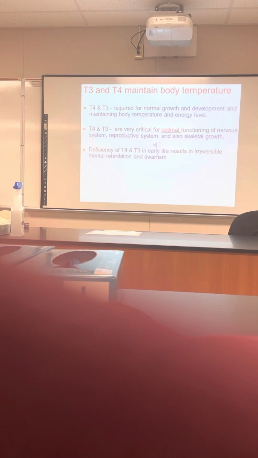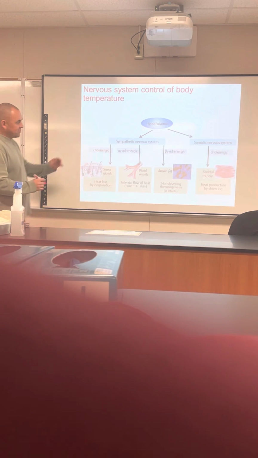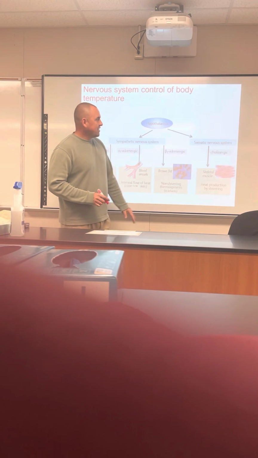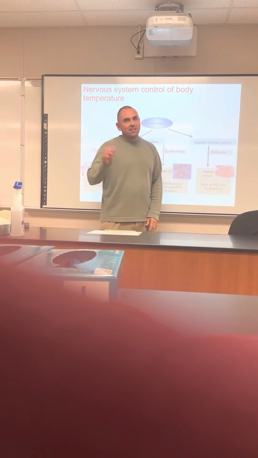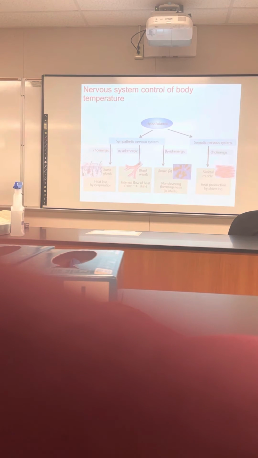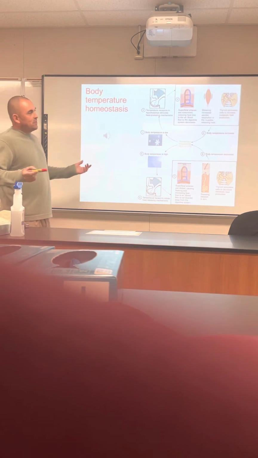And then what other systems also help generate heat? Well, the other systems that help generate heat are your sympathetic nervous system, by constricting your blood vessels, and your somatic nervous system, by causing your muscles to oscillate. When you shiver, that's your somatic nervous system. So really that's the question on the test: which of the following is not true?